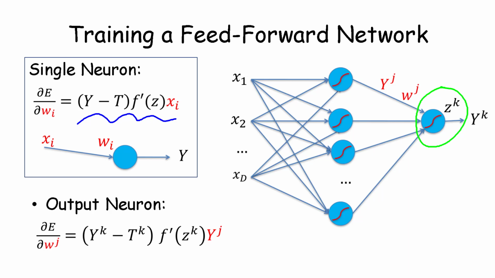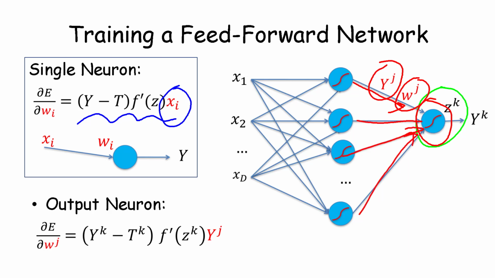In the single neuron, we use the input into that neuron. For the output neuron in a network, the input into it is Yj, which is the output that is coming from the jth hidden unit. I am using Yj and Wj to represent any of these connections. Their weights will be updated following this rule.